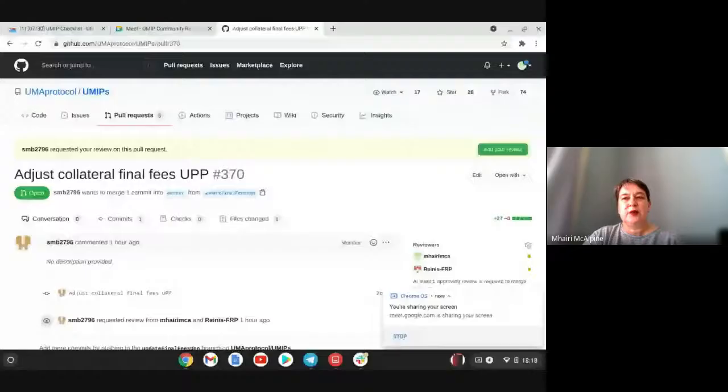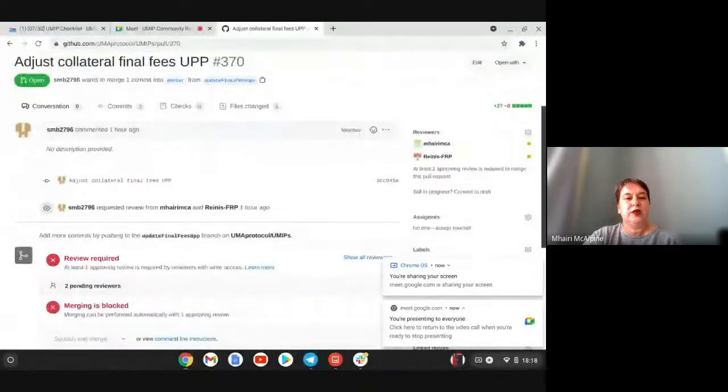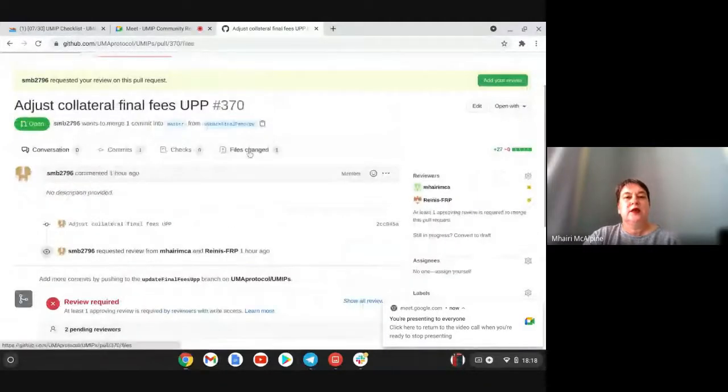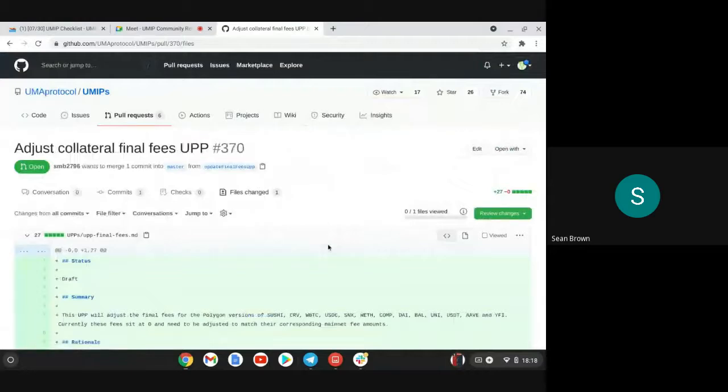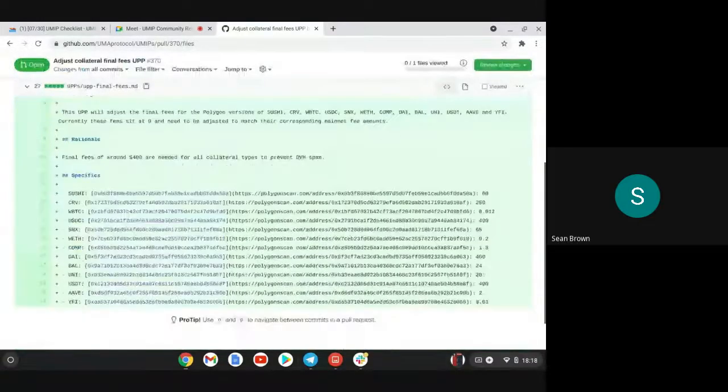The last one was a late addition for UPP to adjust the final fee. This was kind of just an admin issue, just to make sure that the Polygon ones were in line with the ETH ones, if I'm right. Sean, can you talk to this? Yeah, basically, we had talked about this previously, but a bunch of blue chip collateral, whatever that means, but highly liquid collateral types that were already approved on mainnet were added pre-governance on Polygon.